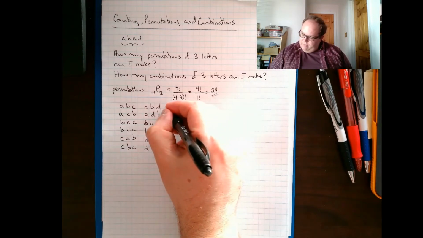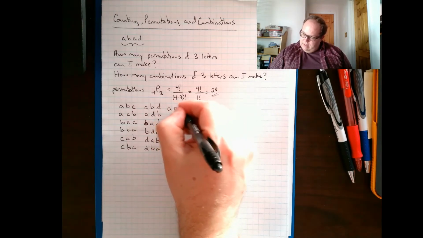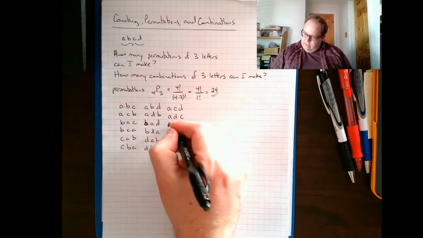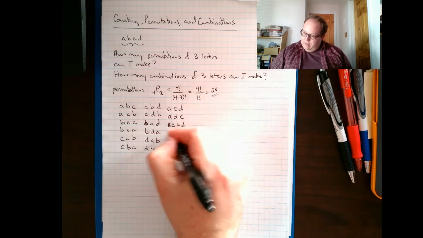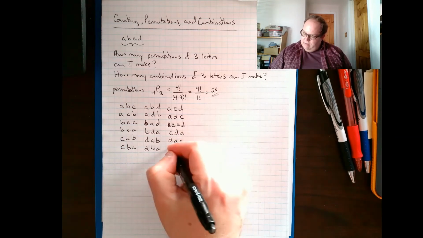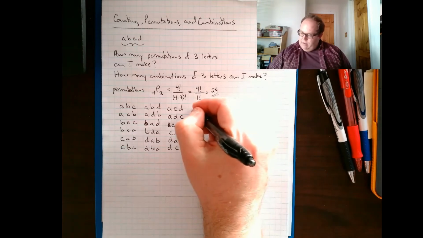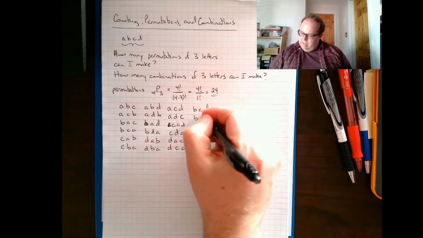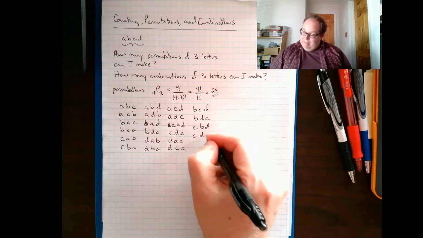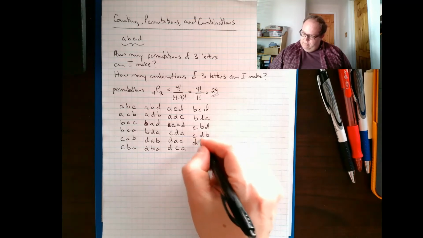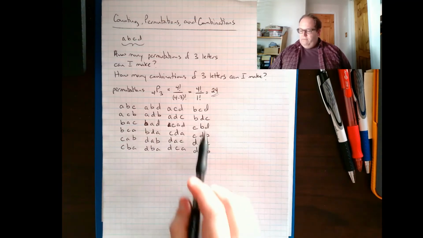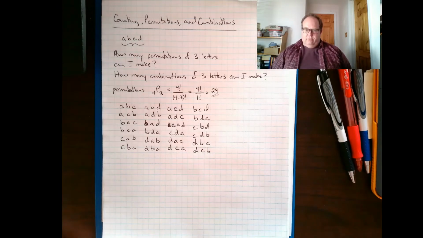I can have ACD, ADC, CAD, CDA, DAC, and DCA. I can also have BCD, BDC, CBD, CDB, DBC, and DCB. 24 different permutations of 3 letters taken out of that group.